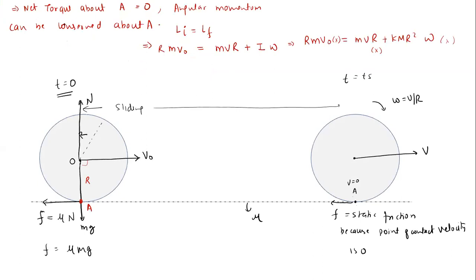See, I told you that angular momentum about any point is equal to I about center of the mass into omega plus mvR. I think when I taught you angular momentum, I told you, just revise that concept. Angular momentum about any point is given by I about center of the mass into omega plus mvR, m R cross v.